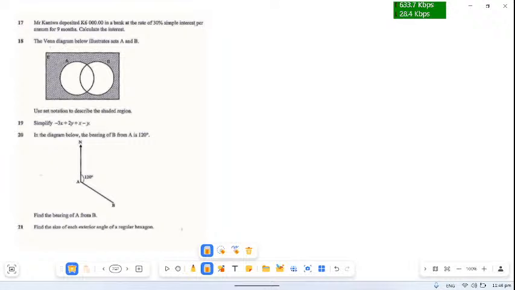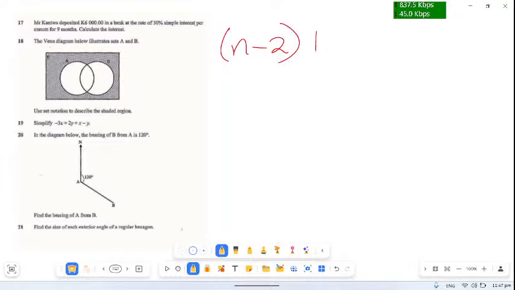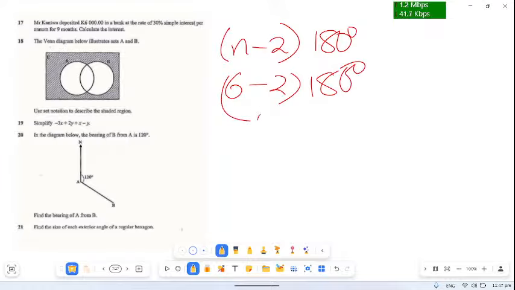We can say open bracket n minus 2 close bracket times 180 degrees. So we have 6 minus 2 in brackets times 180 degrees, which will give us 4 times 180 degrees, which will give us 720 degrees.